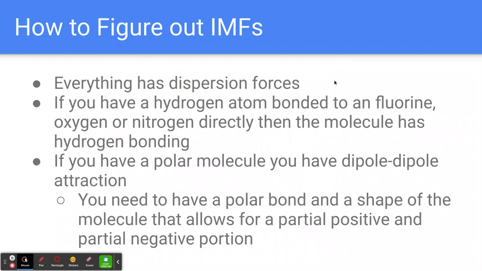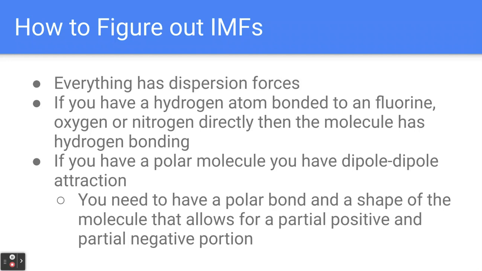Now, how do we figure out which IMFs we have? Well, everything has dispersion forces. That is a given. In order to figure out the other ones, you've got to think about what's actually happening with the molecules. If we have a hydrogen atom that is directly bonded to fluorine, oxygen, or nitrogen, then we have hydrogen bonding, and that's our strongest IMF.